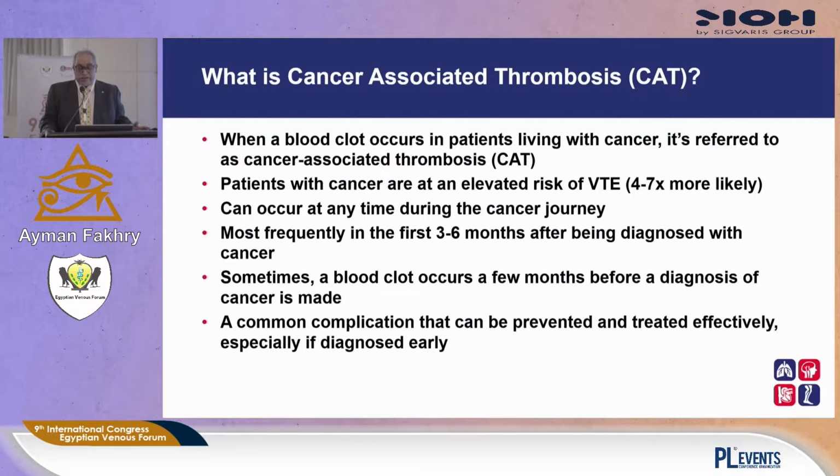It can occur anytime during the cancer journey, and most frequently in the first 3-6 months after cancer diagnosis. Usually it is diagnosed early after cancer diagnosis. Sometimes it occurs a few months later, and it is a common complication that could be prevented.